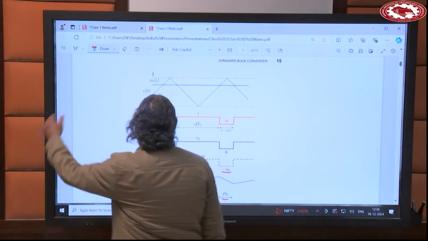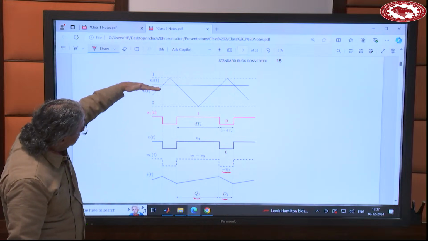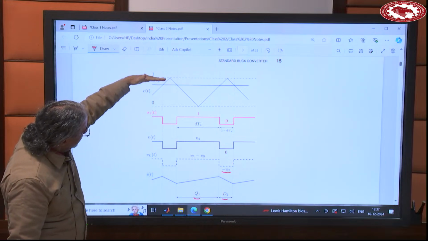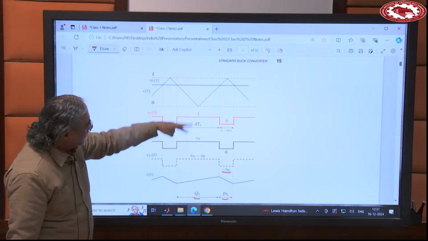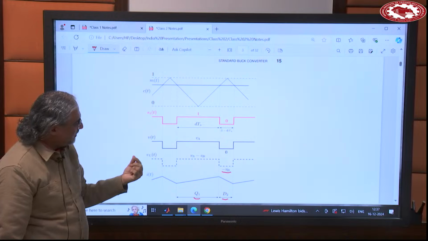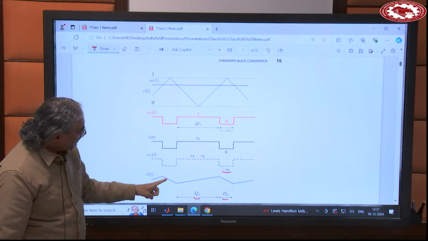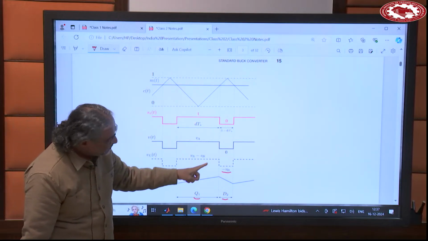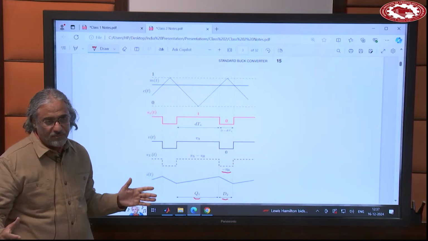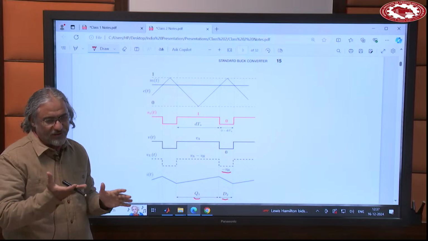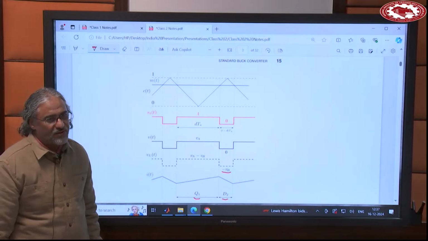Now, if you increase m, right? If you increase m, you increase the time that the switch is on, and you decrease the time that the switch is off. So the time that the current is rising becomes larger, and the time that the current is falling becomes smaller. So you increase the current that goes to the inductor.